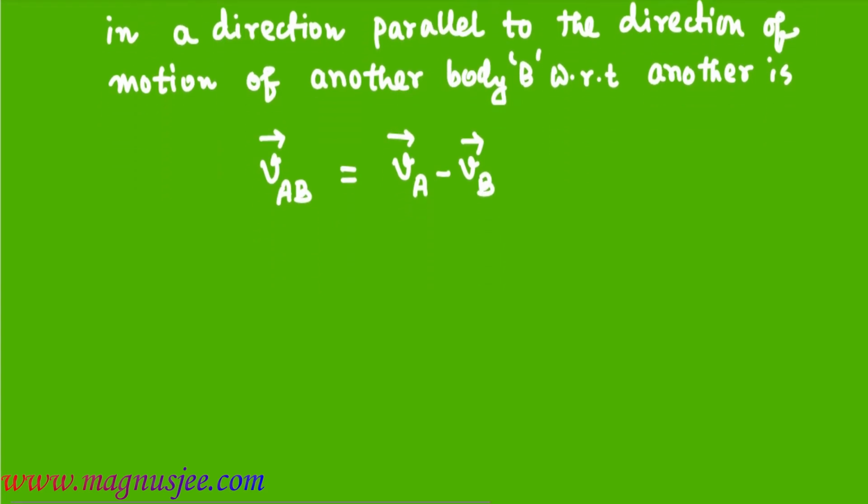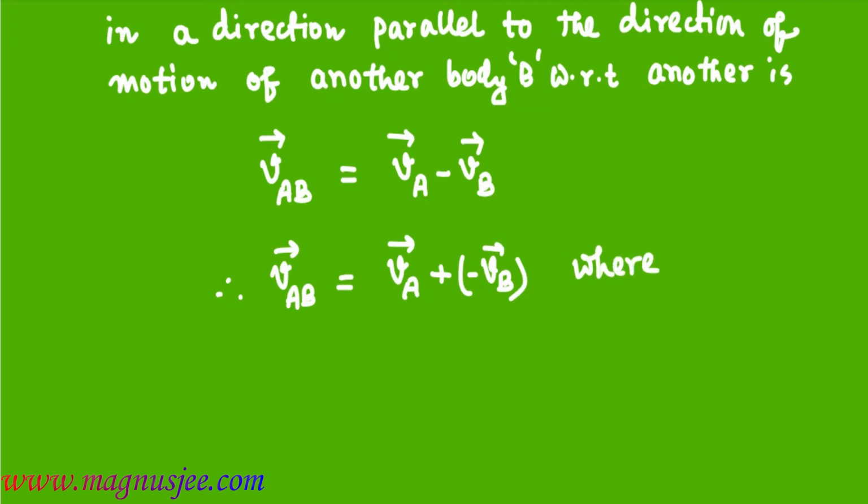Therefore vector VAB equals vector VA plus, under bracket, minus vector VB. So we get vector VAB as vector VA plus minus VB.